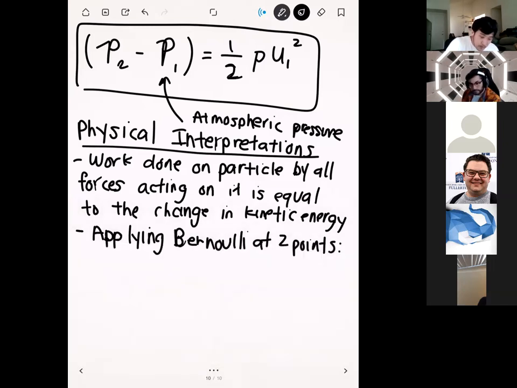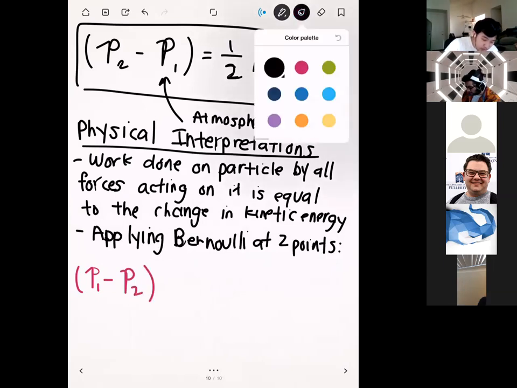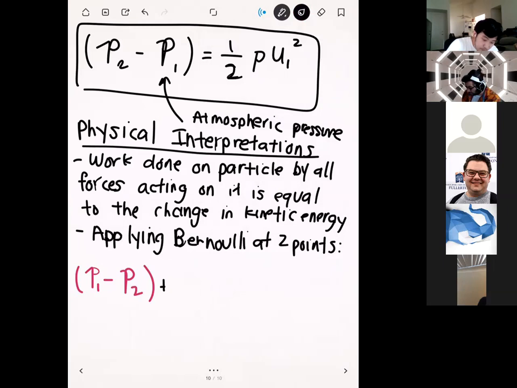Okay? And so let me use different colors here. So the first term that we have will be a change in pressure. Okay? And the next term that we have will be a change in height.